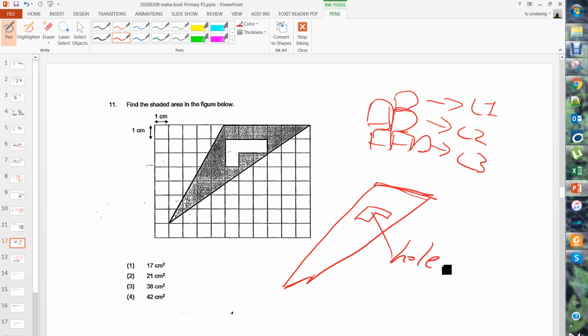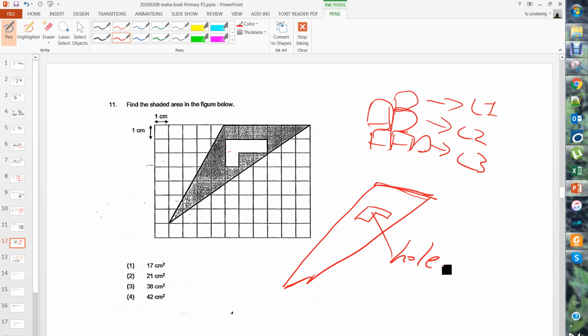You use the whole thing minus the hole. Basically you take the whole thing minus the hole, then you will get the remaining shaded part, right? This is called the strategy.